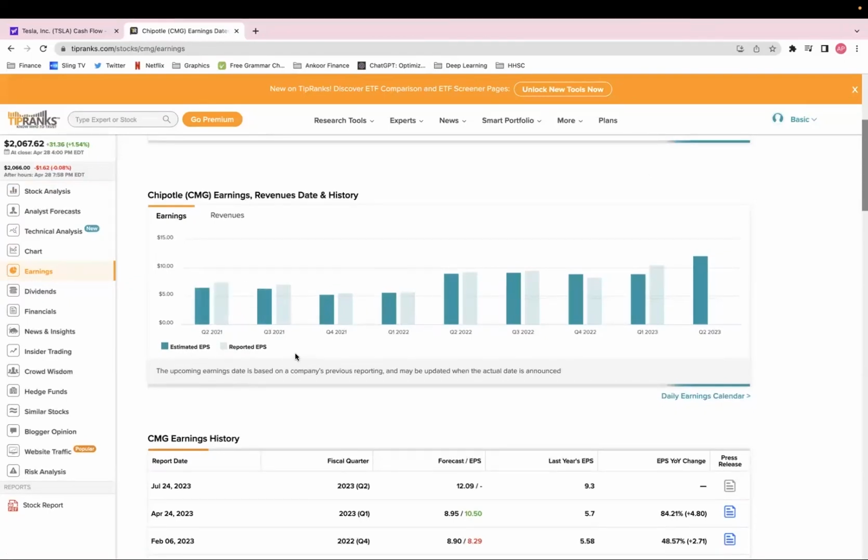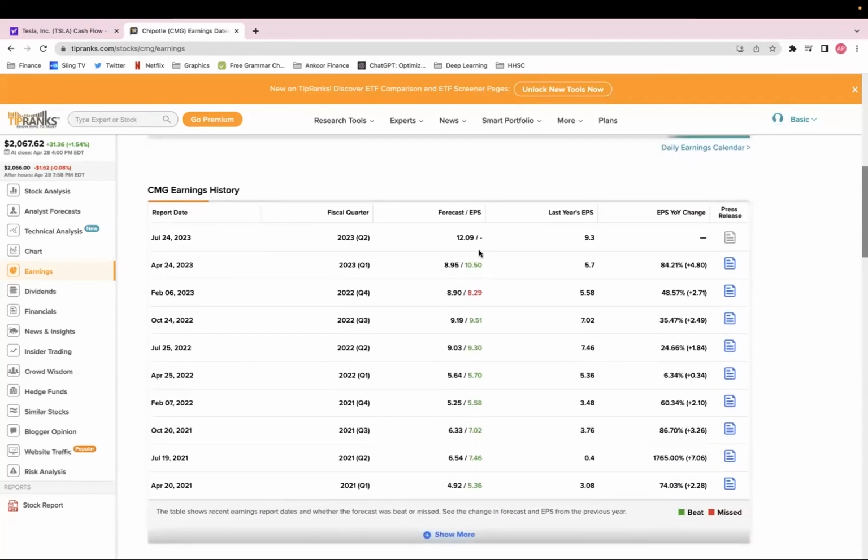The light blue bar is the actual, and it is taller than the solid blue bar, except for this one, quarter four, where they didn't do well. But the light one is always higher, which means they're beating expectations.